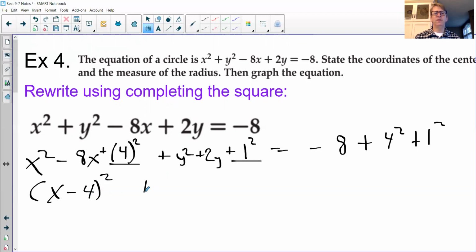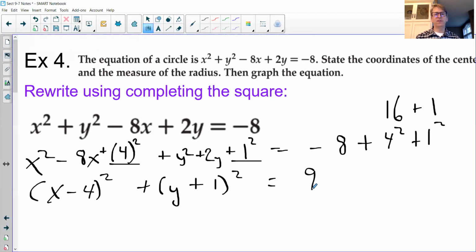FOIL is the go-to if you don't remember the special products. In this case it is y plus 1 quantity squared. Now, let's bunch this together. -8 plus 16 is a +8, and then +1 is a +9.